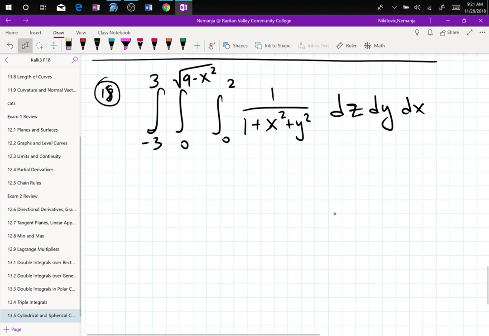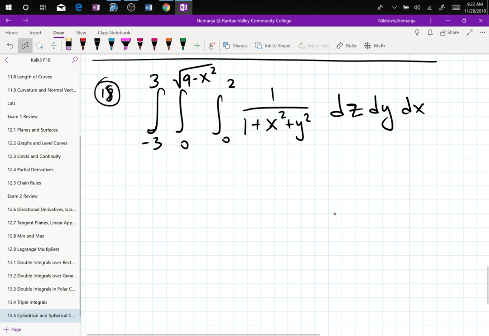The problem says integrate. That's it, right? z is easy because it would just be 2 over that stuff. And now you have to integrate that with respect to y and plug in that square root thing, and we see where the issues arise. As soon as you get to y integration, hell breaks loose.